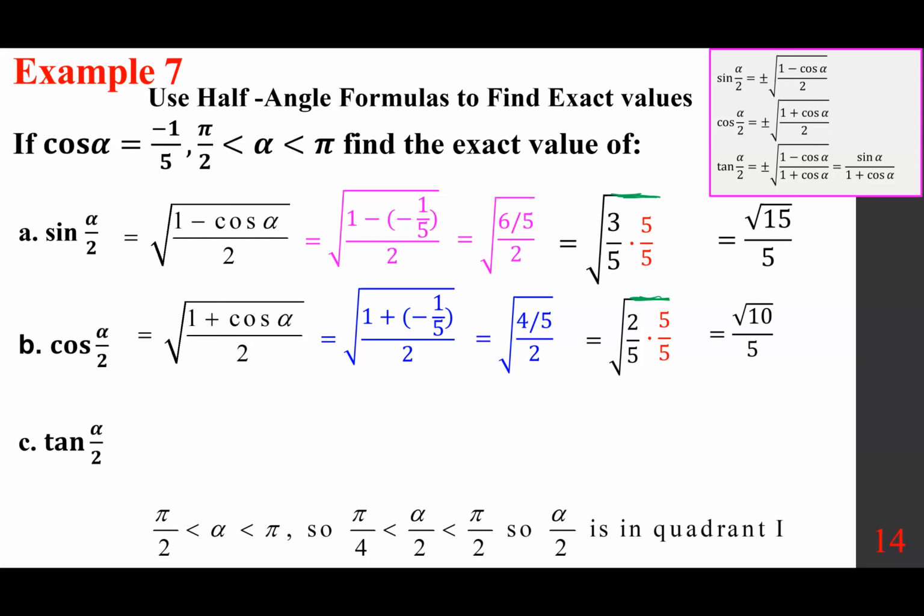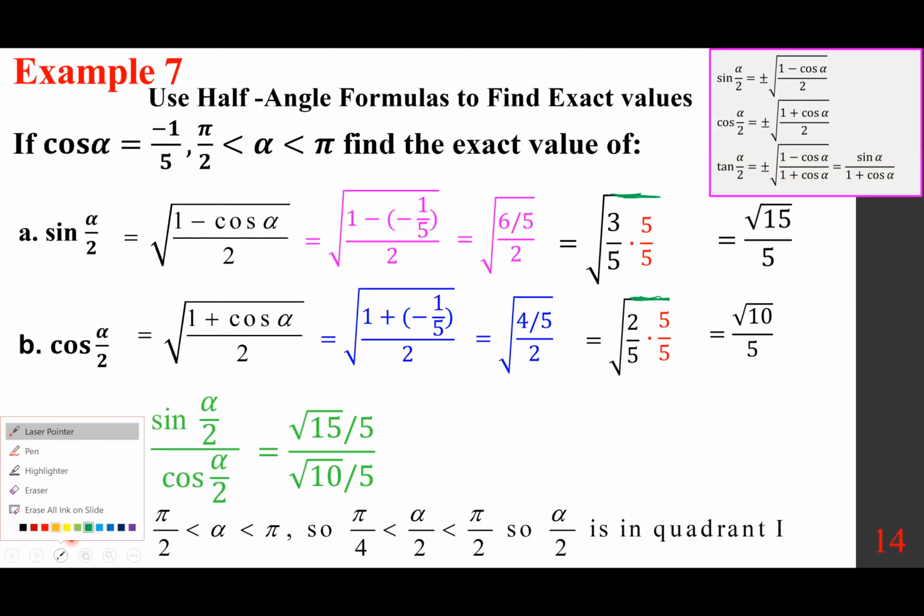Now, in order to get to the tangent, I'm not going to go with that formula. I'm going to go with sine over cosine. That's the fastest way. Since I have the sine of alpha over 2 and cosine of alpha over 2, the fastest way is to just divide this one by this one. The bottom is 5. You drop it.